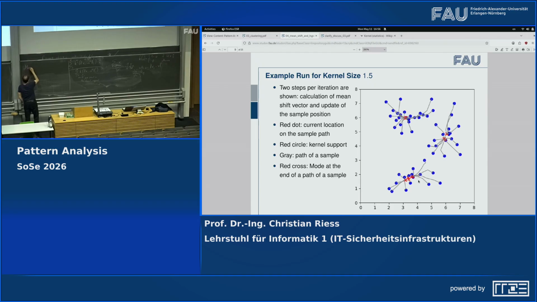So the mean shift cluster shapes are only constrained by the distribution of data along the gradient ascent path.